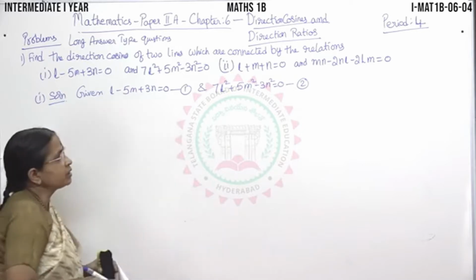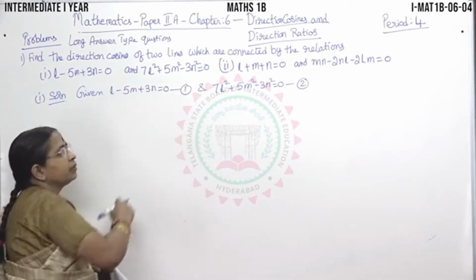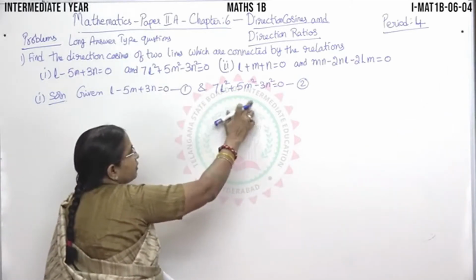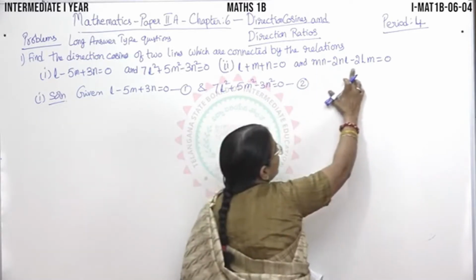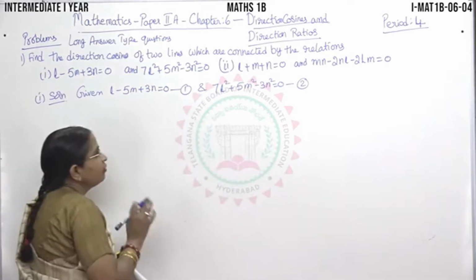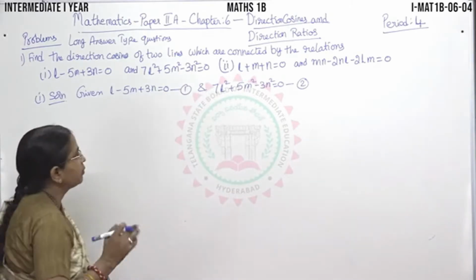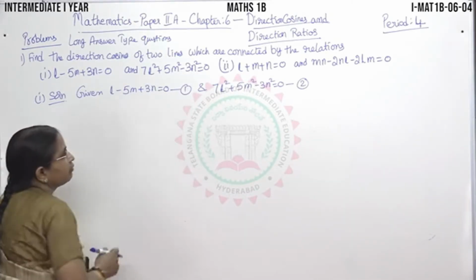Now what you do is, always one equation will be first degree like this in l, m, n and the second equation will be in second degree, l square, m square, n square equation or lm, mn, ln equation like this. So we'll do one problem of this type and another problem of that type in the next problem.